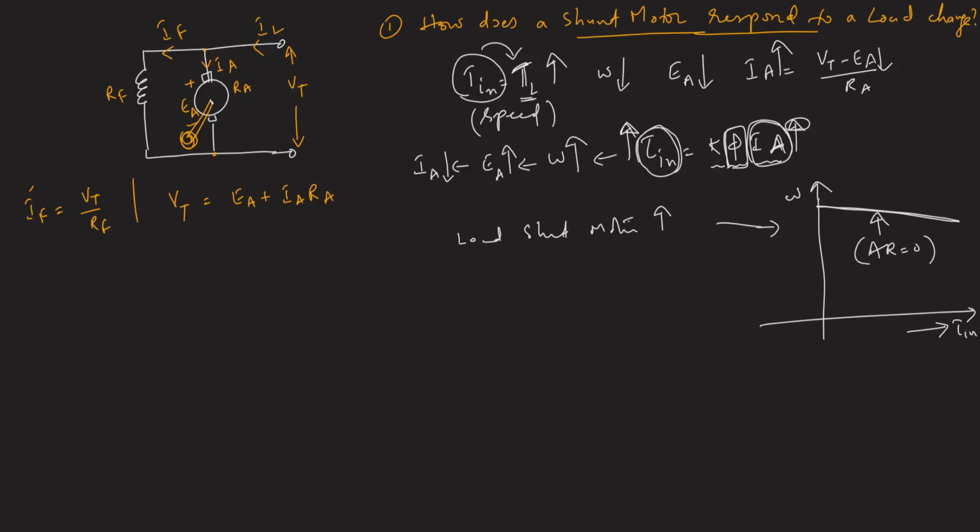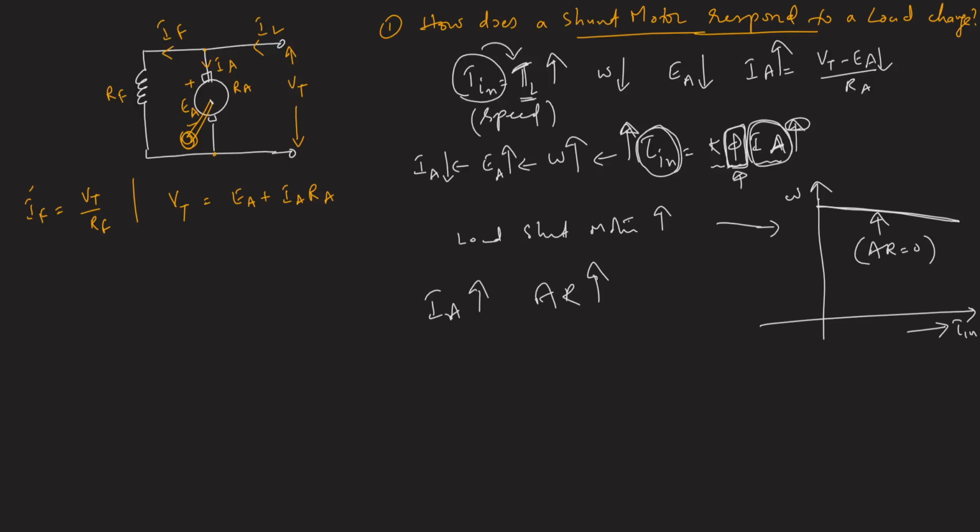But in a practical machine, this flux is not constant. It alters when there is armature reaction. As the load current Ia increases, armature reaction also increases.